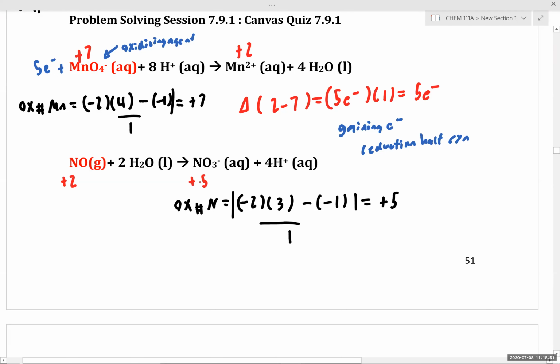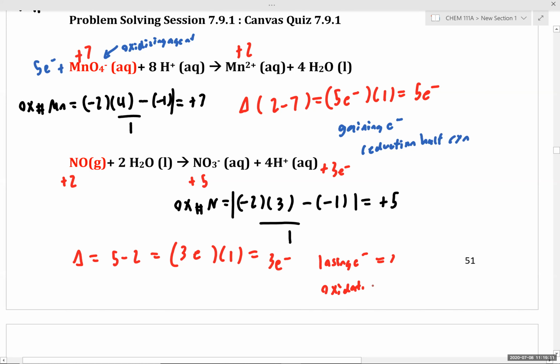As our oxidation number is increasing in magnitude, 5 minus 2 gives us 3 electrons times 1 nitrogen atom. So we have 3 electrons lost. So we are losing electrons. Ergo, this is an oxidation half reaction, and nitrogen monoxide is going to be a reducing agent because it's donating electrons.